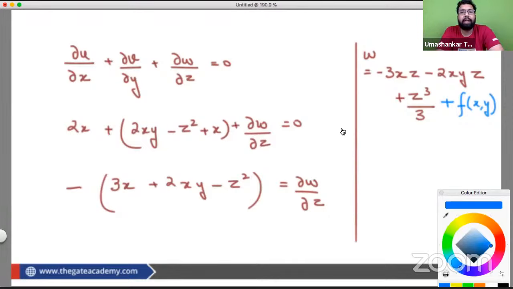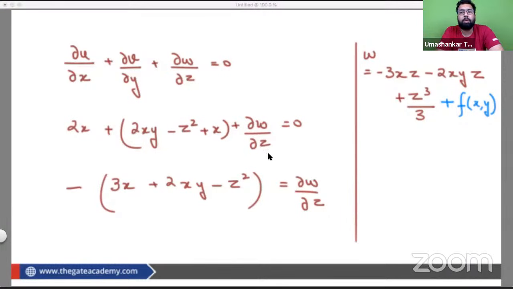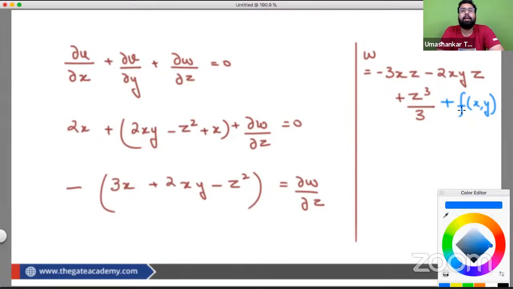So instead of writing c, which we are very much habitual of, we will be writing a function of x and y. So the right solution to this is w is equal to minus 3xz minus 2xyz plus z cube by 3 plus function of xy.